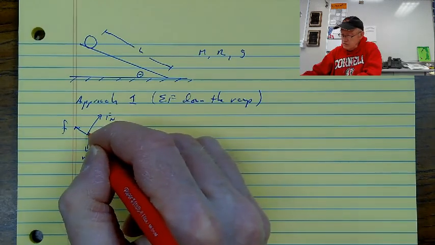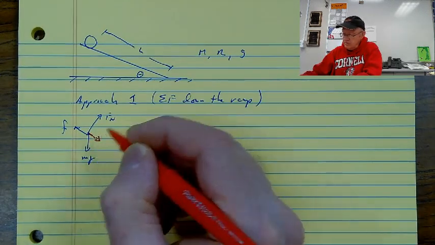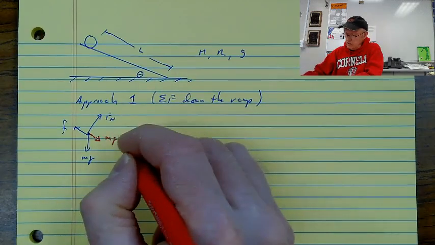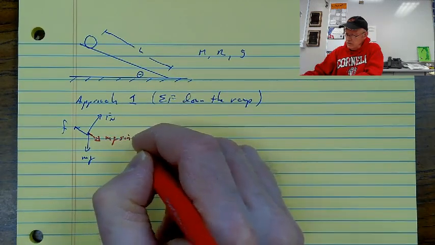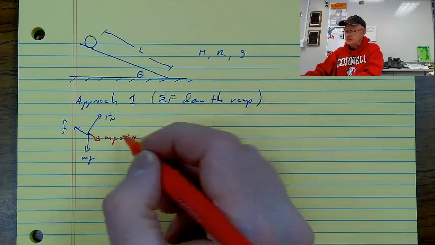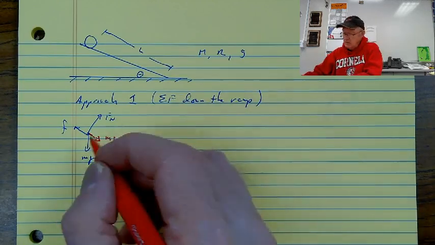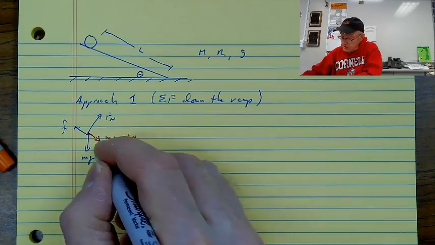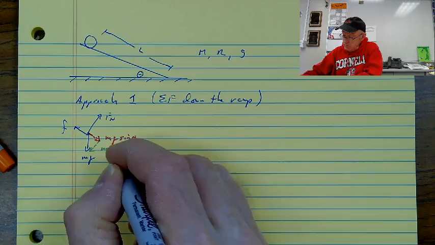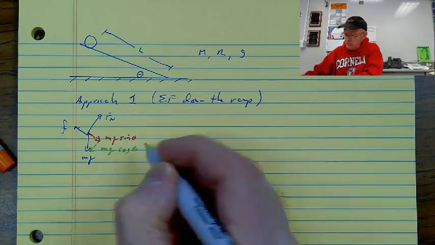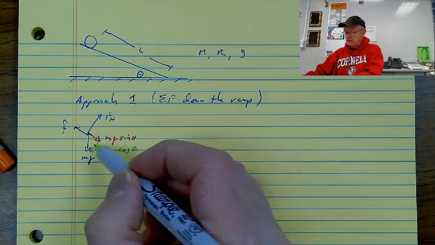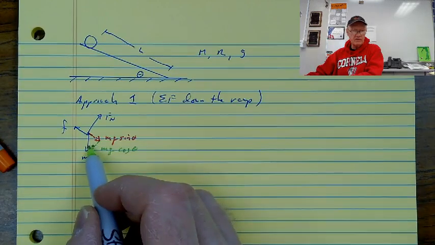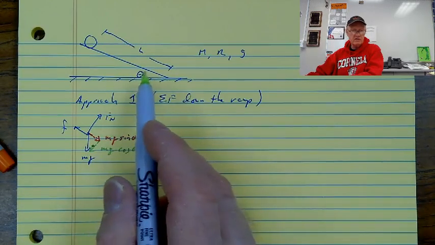We have this component, which is mg sine theta. That's an old friend. We've seen that for a long time. And then there's another component that we don't have to make such great use of in this problem, which would be mg cosine theta. And that makes this angle right in here also angle theta by similar triangles to this angle theta here.